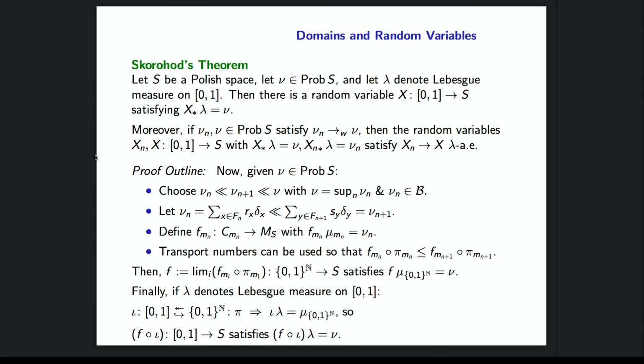And you find simple measures that do this approximation. And you construct functions with the properties you want just for each of these simple measures. And then the thing that you need to make sure that you get an increasing sequence here is exactly the transport numbers that I talked about from the splitting lemma of Jones. So it's very nice. It says you can get any measurable map in this way.